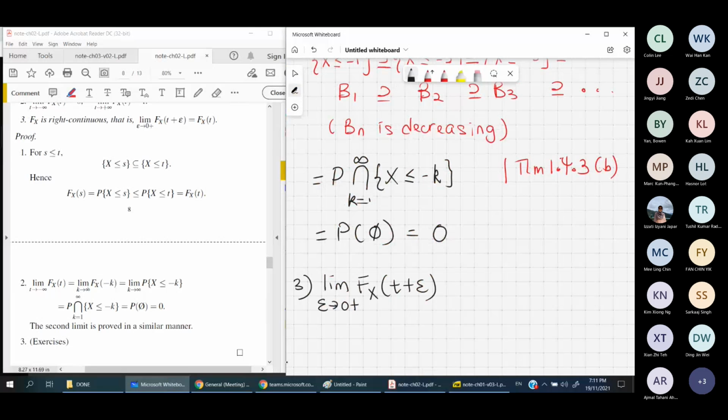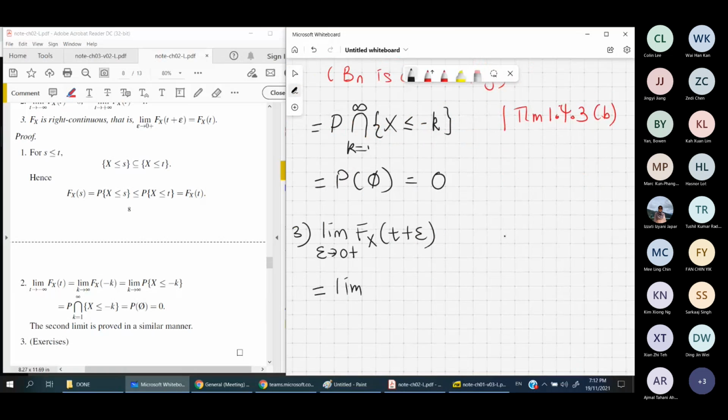So the proof is similar. What we can do is, this is actually the limit as epsilon goes to 0 from the right. So that means it is getting smaller as well. So we can say this is the limit as k goes to infinity of FX of t plus 1 over k.